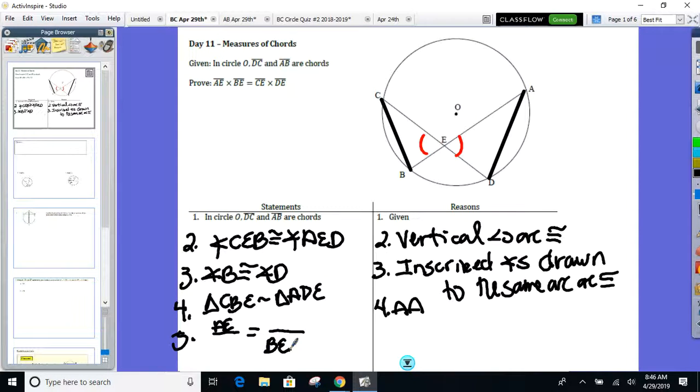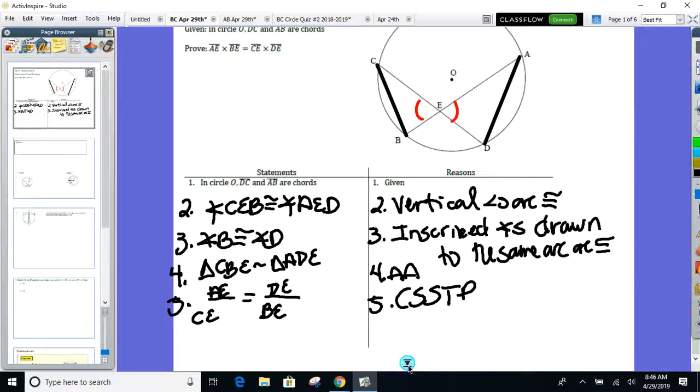So BE right here, because you're going to end up cross-multiplying, and then CE and DE can go in the remaining 2 spots. And then do we remember this reason, why the sides are in proportion? Corresponding sides in similar triangles are proportional. CSSTP. That brought us to our proof statement.